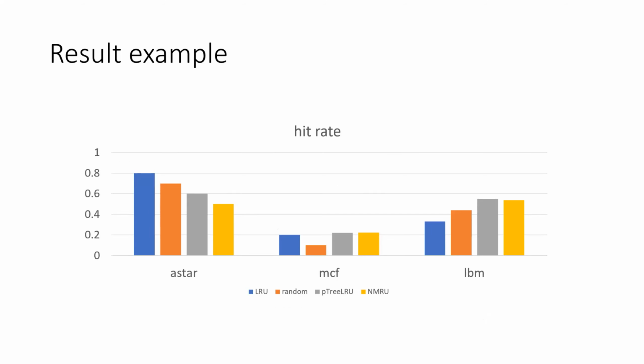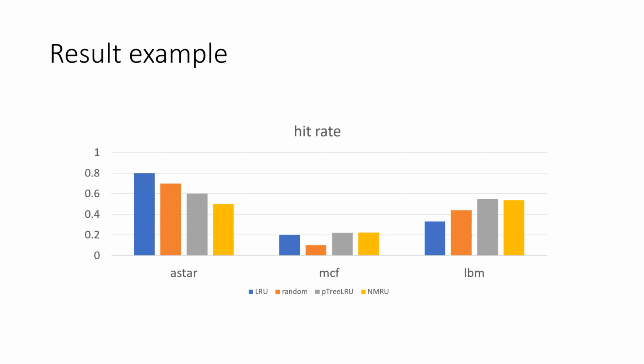So the result will be something like this. We have different benchmarks and different cache miss rates. The y-axis here is the cache hit rate.